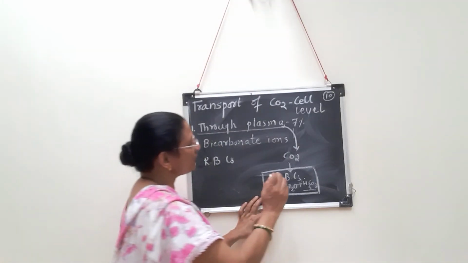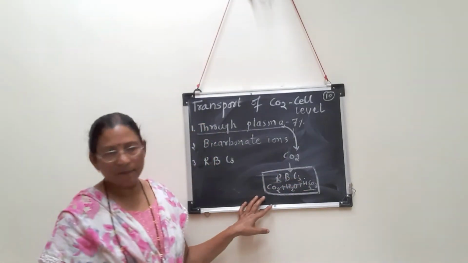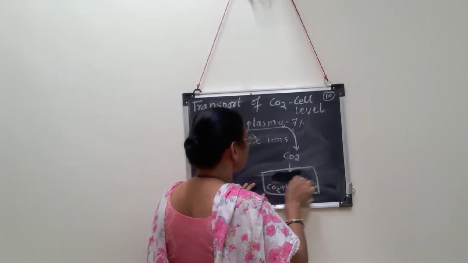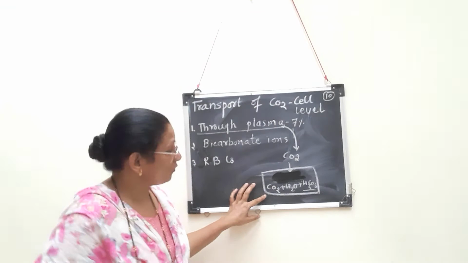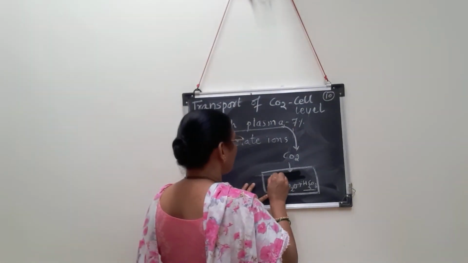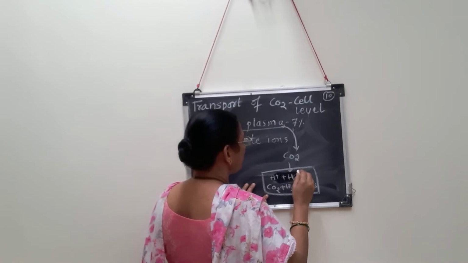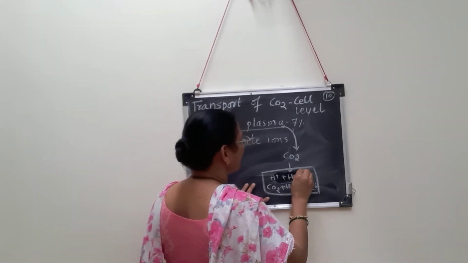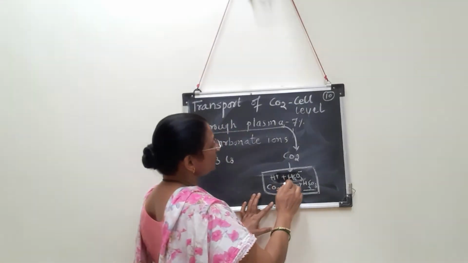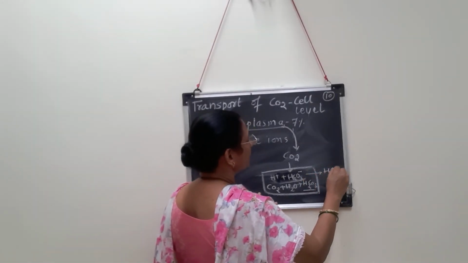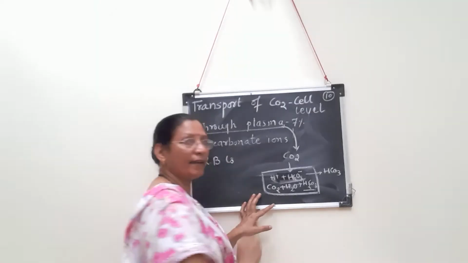This carbonic acid will dissociate inside the RBCs. This dissociation results in formation of H plus and HCO3 minus ions. Of this, what happens? The higher concentration of HCO3 minus comes out of the RBCs, and this H plus remains inside.